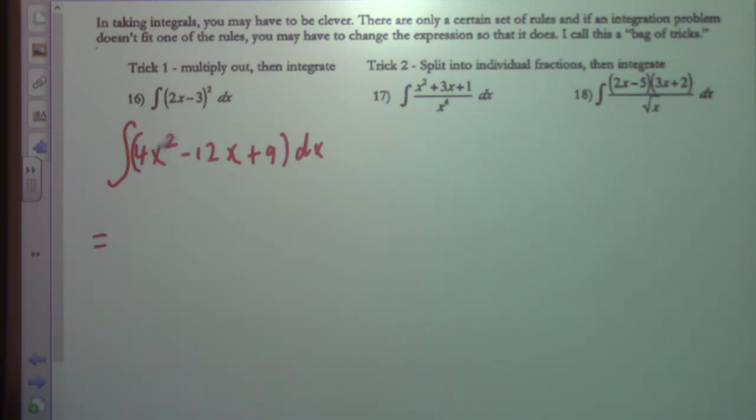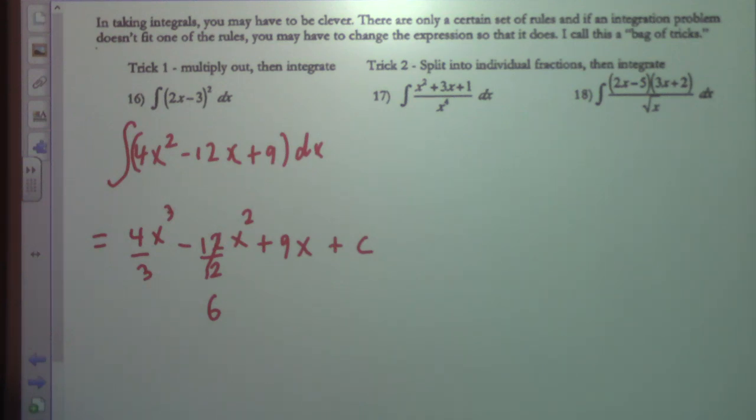So that's going to be 4x to the third divided by 3 minus 12x squared divided by 2 plus 9x plus C. And if we want to simplify this, we can change that to 6, right? Pretty simple?